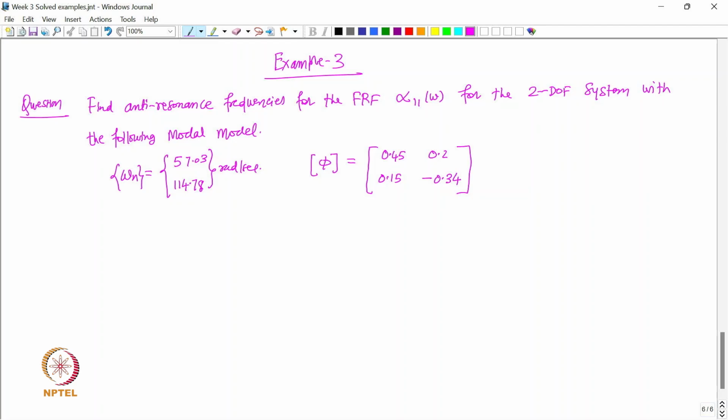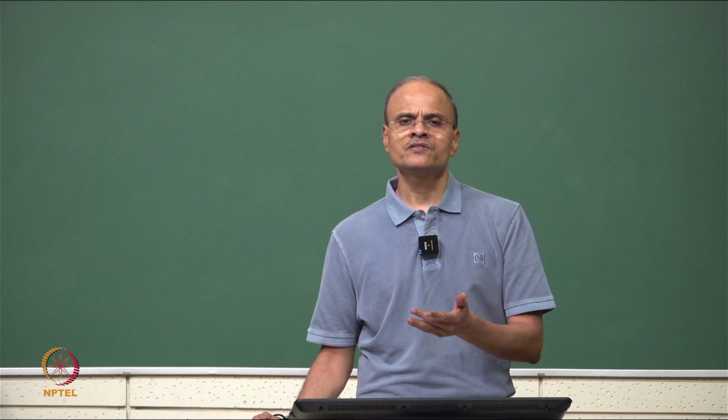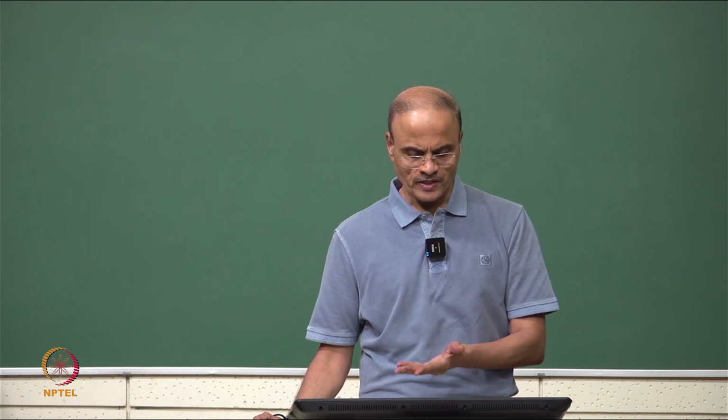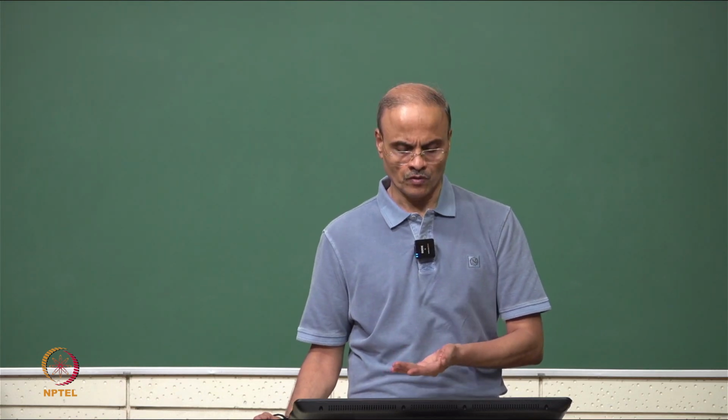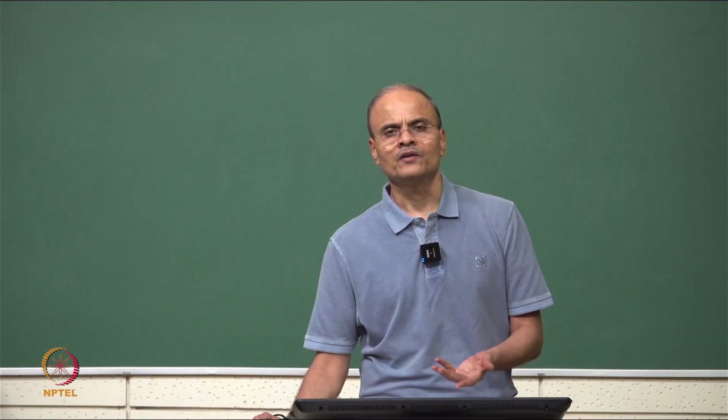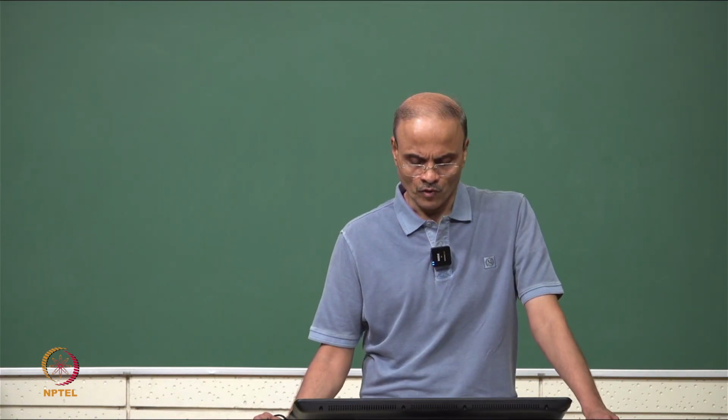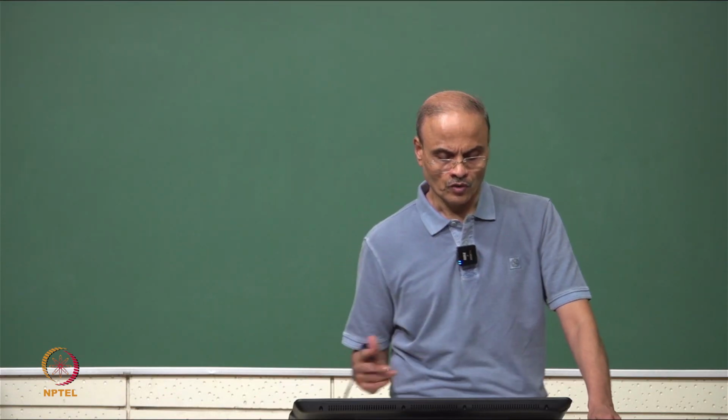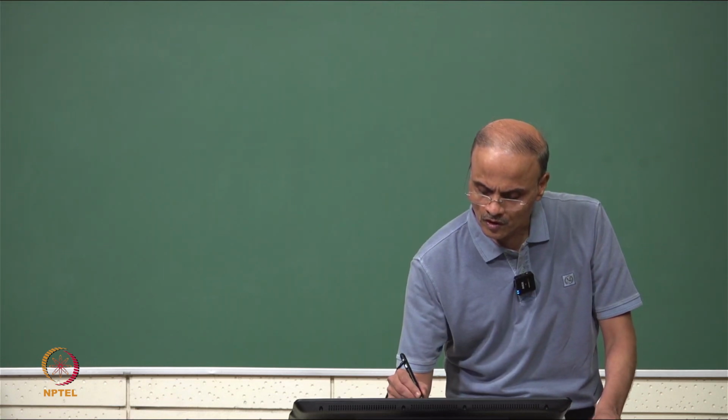So, the model, as we said in the lecture classes, comprises specification of natural frequency, mode shapes, and if damping is there, then the damping factor. In the present case, we are given an undamped model, so only the natural frequencies and mode shapes are given. So, let us proceed with the solution now.